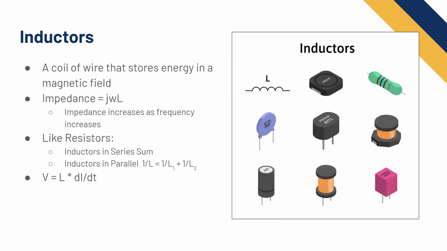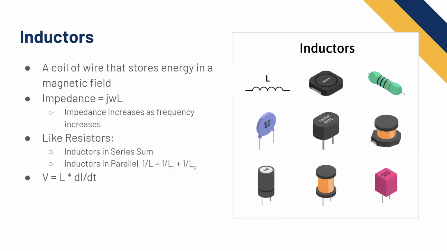The reason inductors don't like changes in current is because this magnetic field is also producing a current. If you had a magnetic field going this way, it's going to induce a current in the wire that way. That's what inductance is. It's going to try to put current back into these inductors.